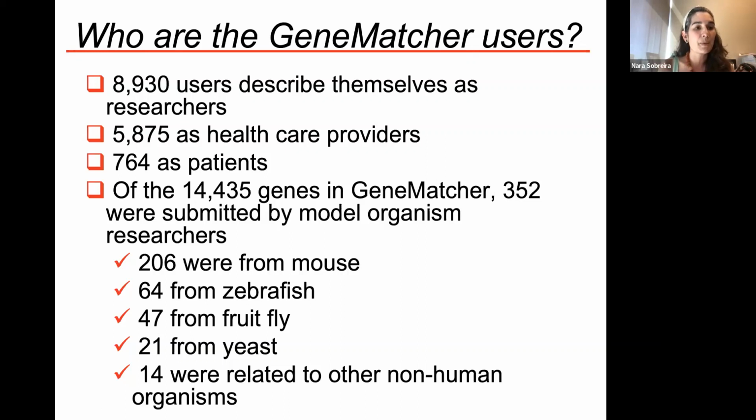I have to say, I think the first paper that acknowledged GeneMatcher as a tool that facilitated the recognition of a novel disease gene was actually the match between a researcher that was investigating the phenotype on a mouse model and a clinician who had a patient with phenotype that matched.